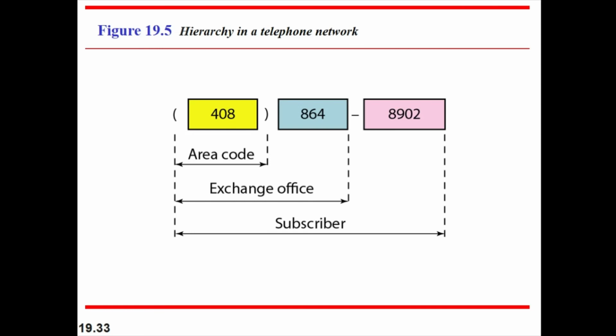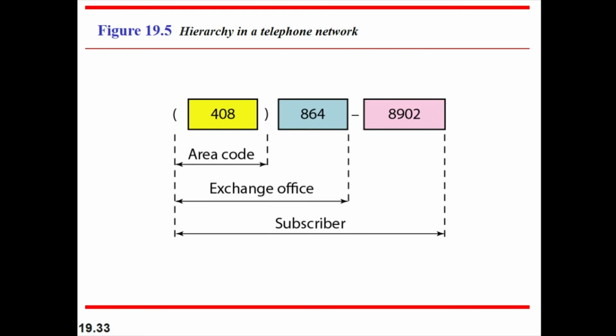This one is the hierarchy in the telephone network. We have the area code, the exchange office, and the subscriber. Basically, in an organization like UiTM, we have one phone number, and we use this phone number to interact with the outsider.